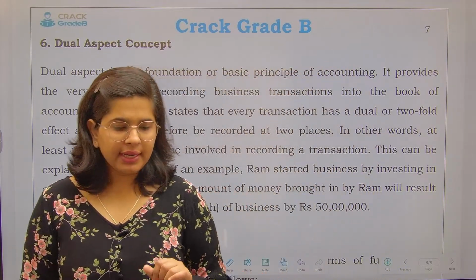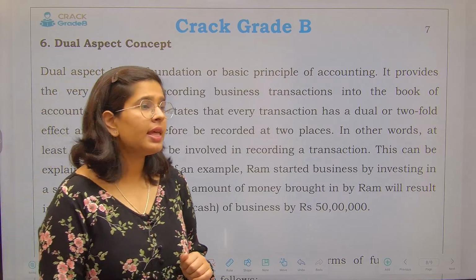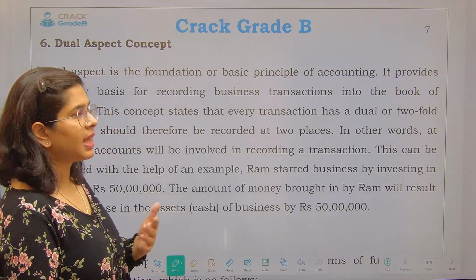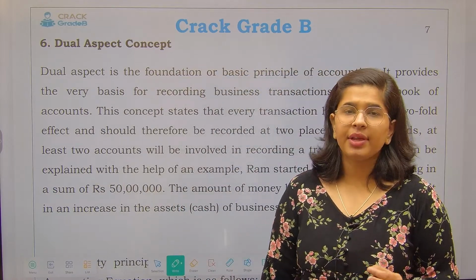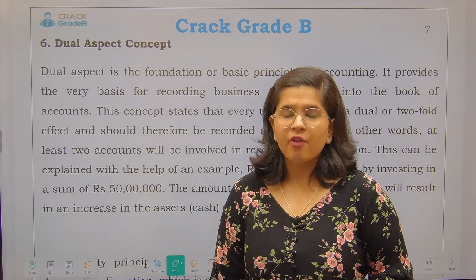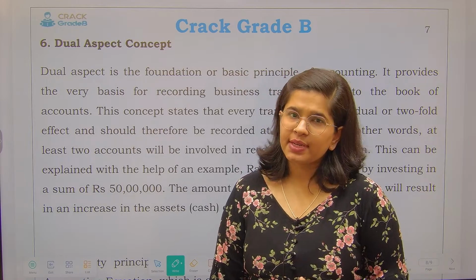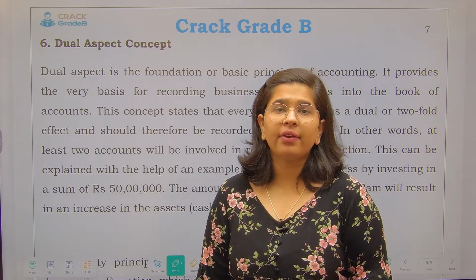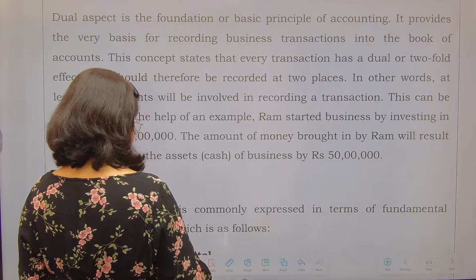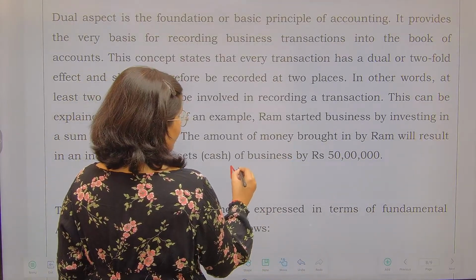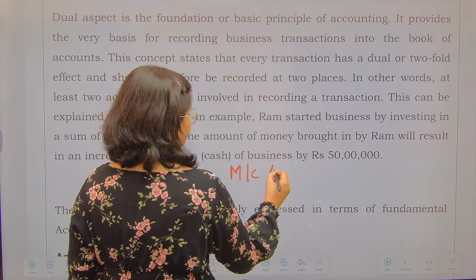If you know even a little bit of accounts, you must know that whenever any transaction happens, we pass a journal entry. For example, if I have purchased a machinery, then what entry am I going to pass? I will be passing the entry like this: machinery account debit to cash account.